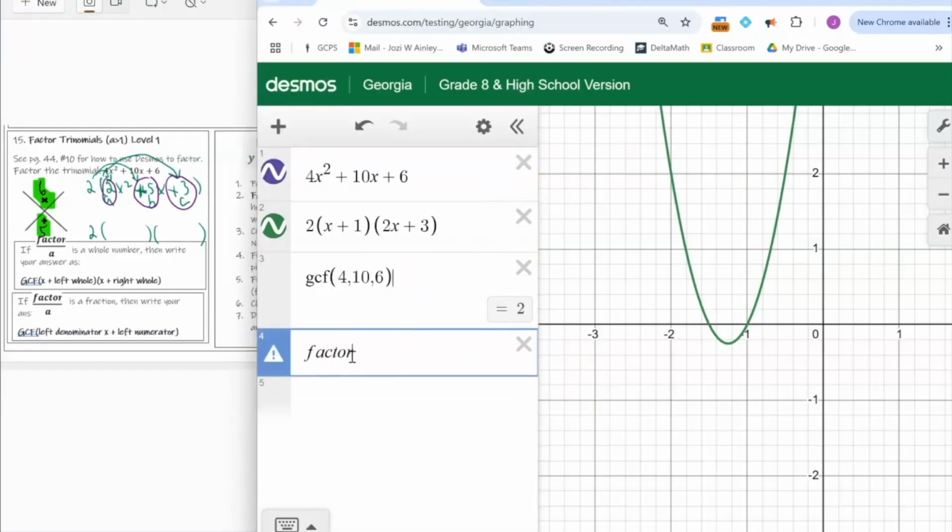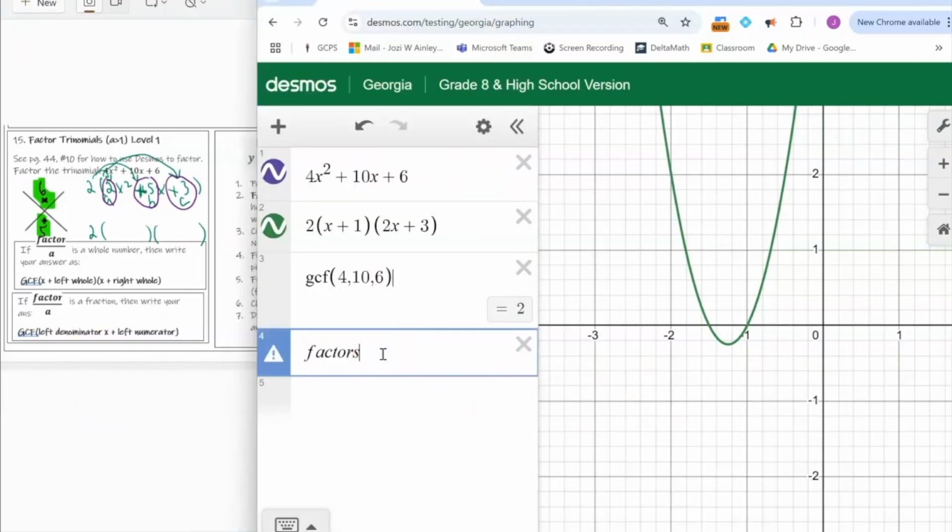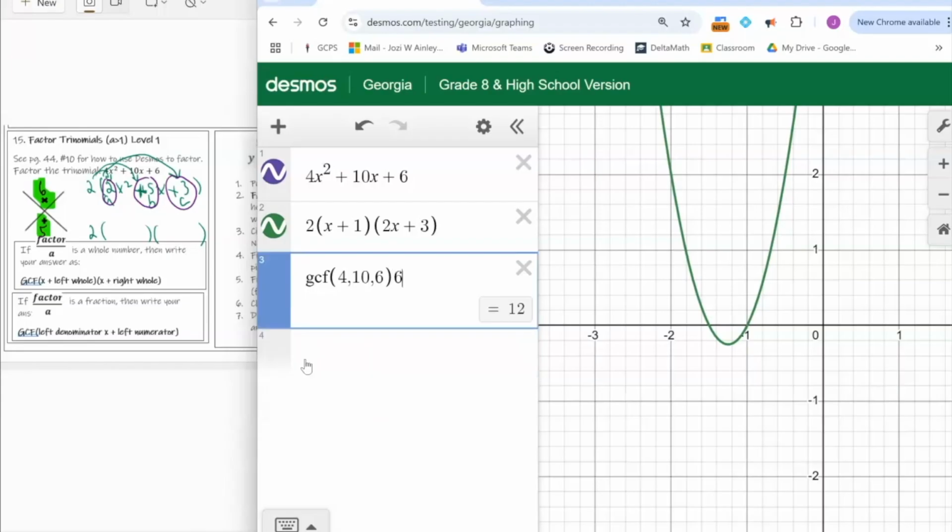Factors of AC, which is 6. Okay, so no, that doesn't help me. Too many variables. Maybe factor of 3. Okay, I guess it's not going to let you down. So basically 1 times, so it's kind of like breaking it down. So you're going to do this.